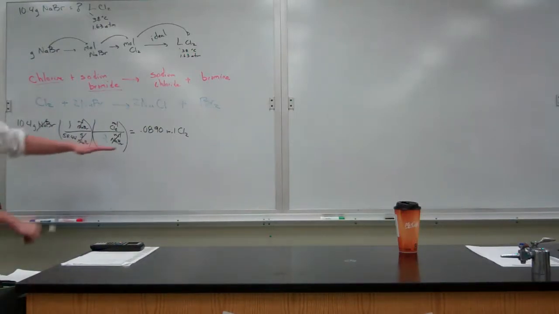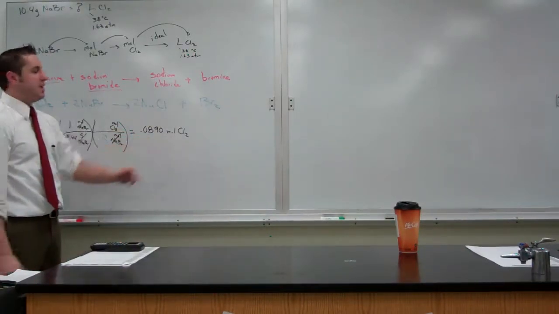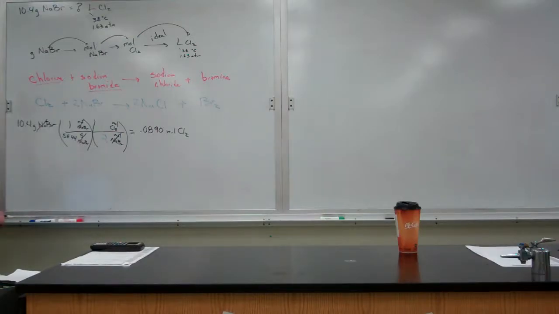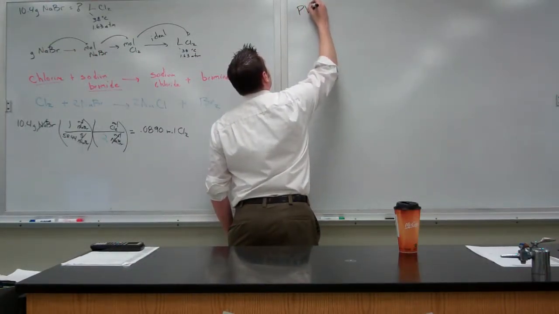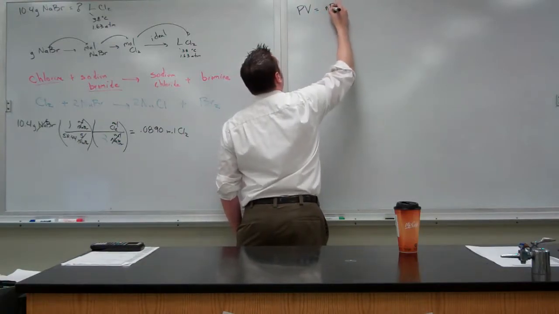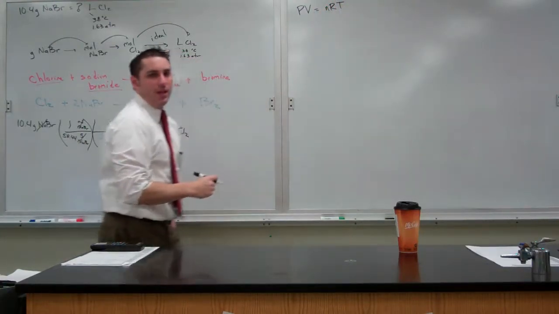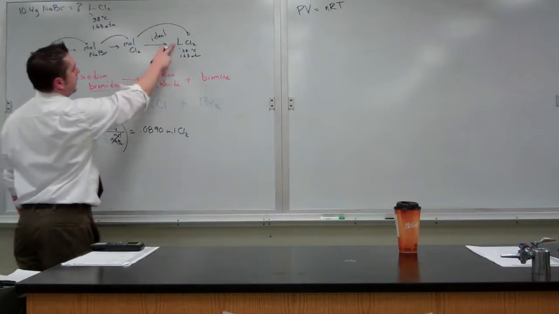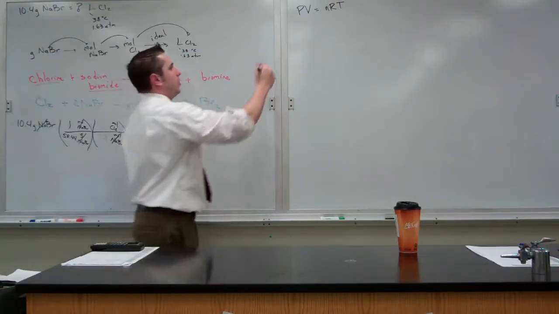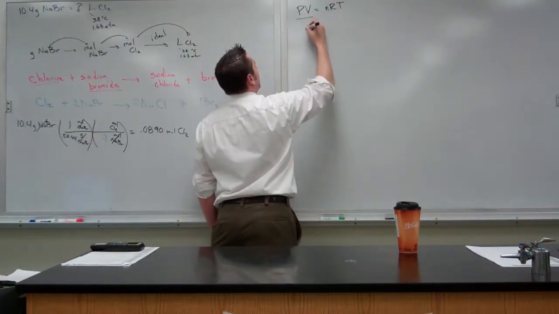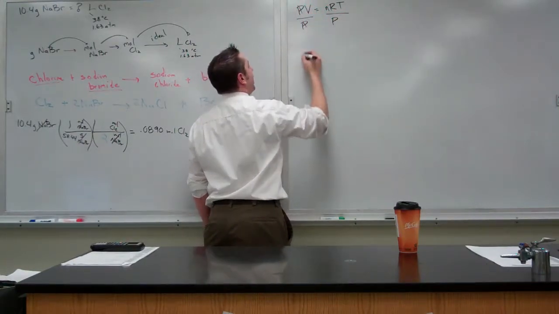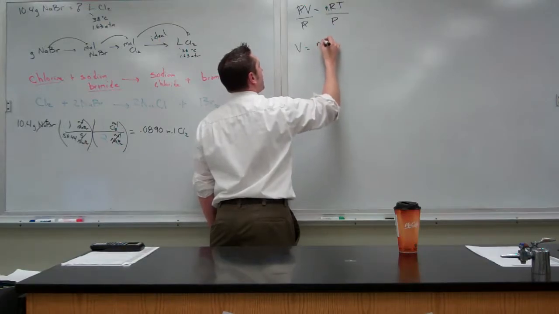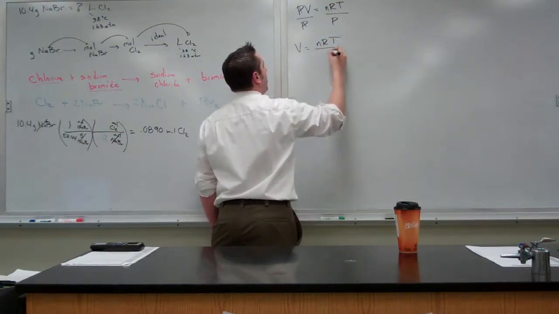So I have one piece of what I need for an ideal gas equation. Ideal gas equation says PV equals nRT. In this problem, I want the volume, so I'm looking for liters. So I divide away the P, I get V equals nRT over P.